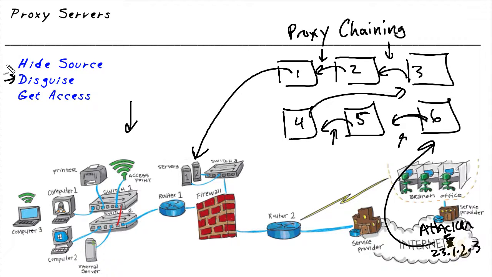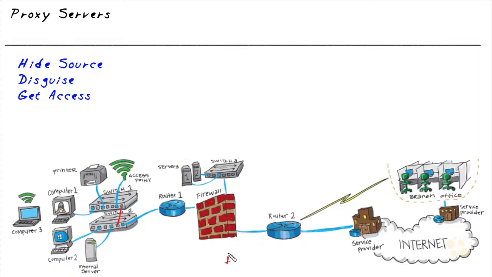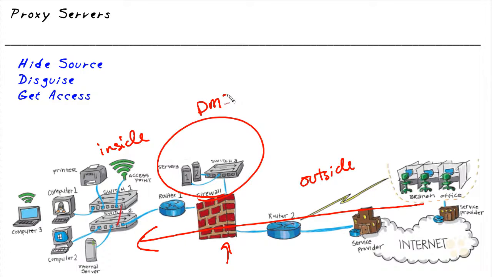And in addition to hiding and disguising the source IP address, an attacker may also use proxies to get access that otherwise wouldn't be available. For example, this firewall may have some rules that say there's absolutely no access from the outside to the inside. So here we have the outside zone, if you will. Here's the inside. And this is the DMZ, the demilitarized zone.